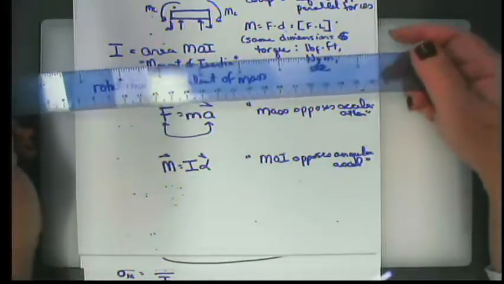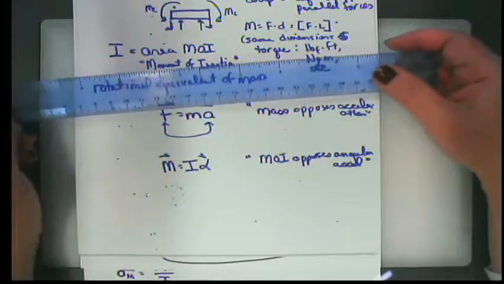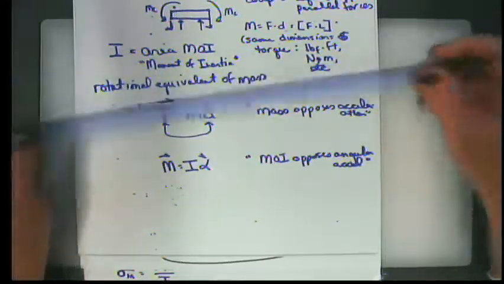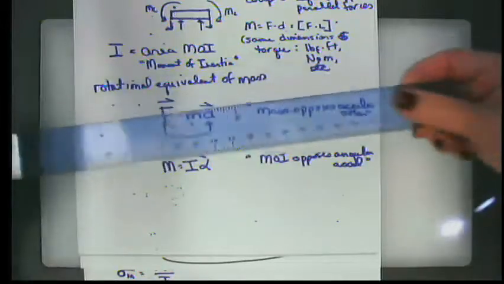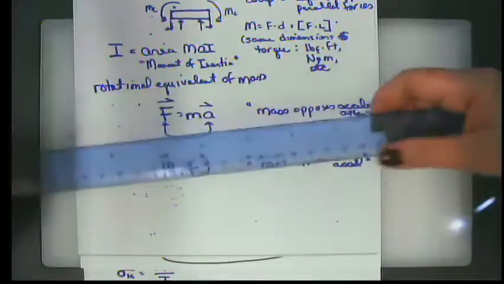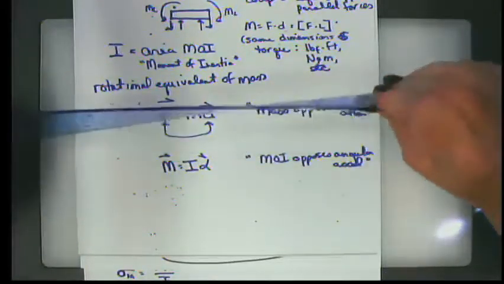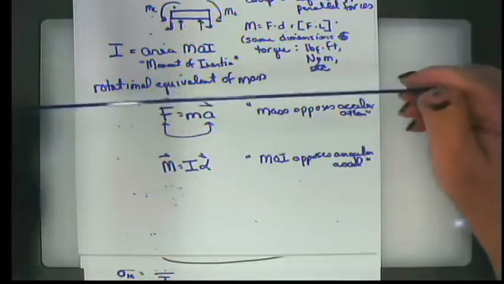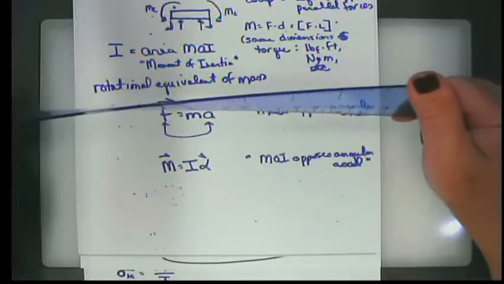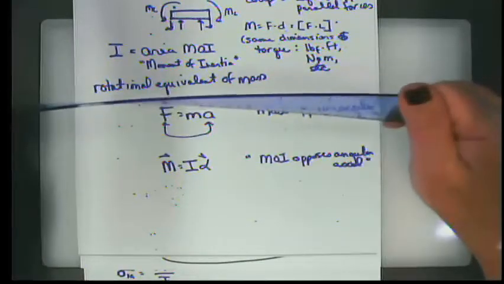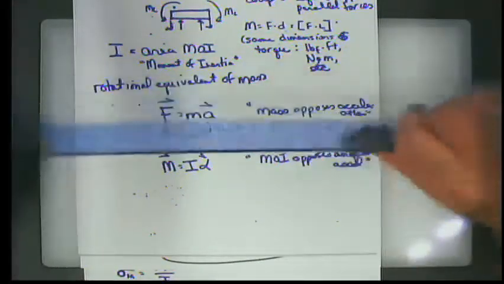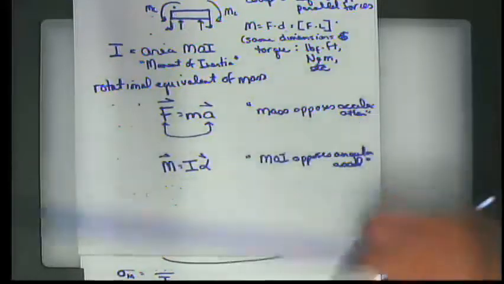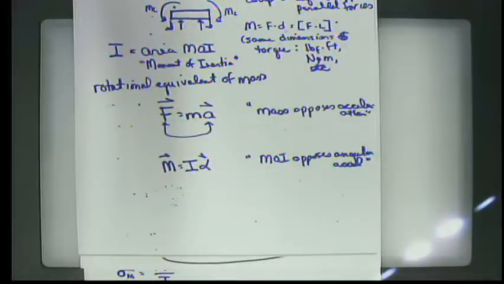So moment of inertia has an analogy to mass, but it's obviously not mass because this ruler has the same mass, but it bends very differently in this direction than it does in this direction. And to bring up the idea that Christian came up, if we try to twist it, this is a torque. So it's just the direction that determines whether it's a moment or a torque. So, excellent point.